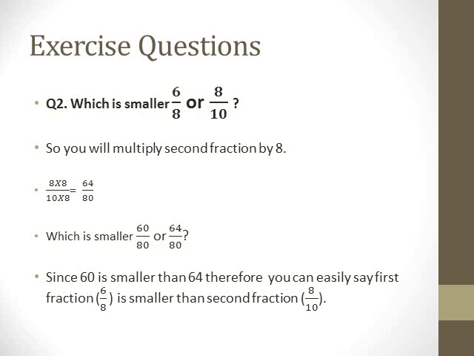The larger the numerator, the larger the fraction. So in 60 and 64, which is the smaller number? 60? Yes, so the answer is 60 over 80. Since 60 is smaller than 64, therefore you can easily say the first fraction, that is 6 over 8, is smaller than the second fraction, which is 8 over 10.